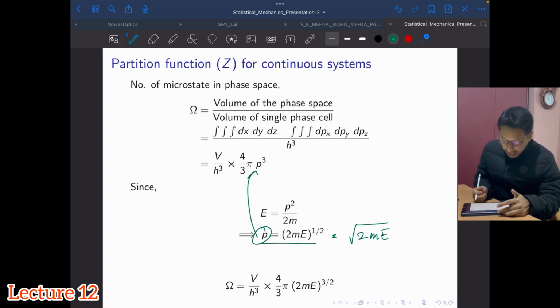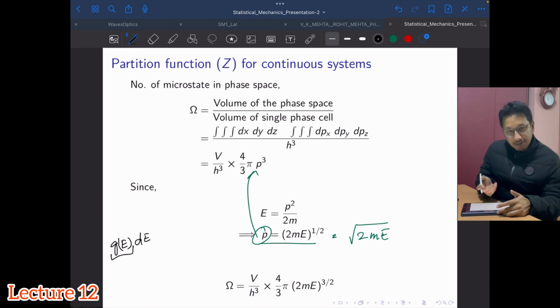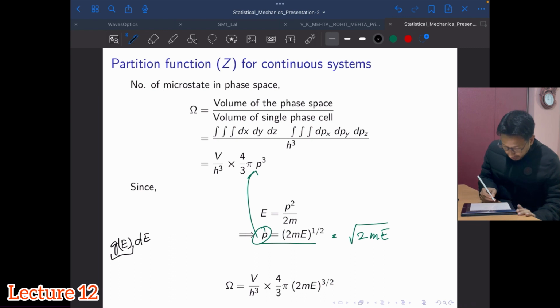Now we were after this particular term, g of E dE. G of E is the number of states having energy E. The number of microstates is represented by omega here, so this will be given by d omega.